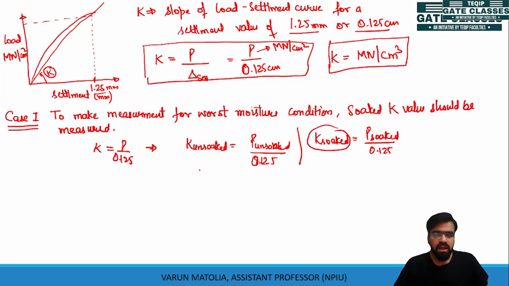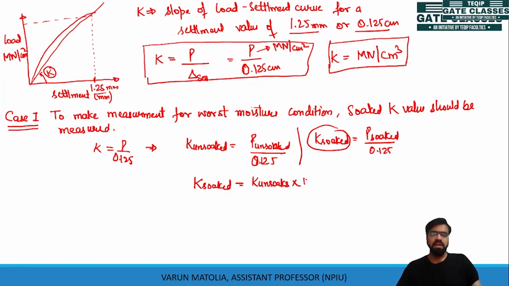We can combine these relations to find K soaked as K soaked is equal to K unsoaked multiplied by P soaked by P unsoaked.